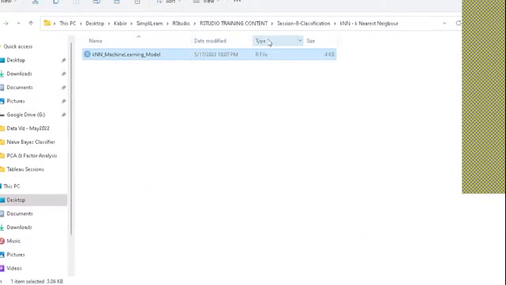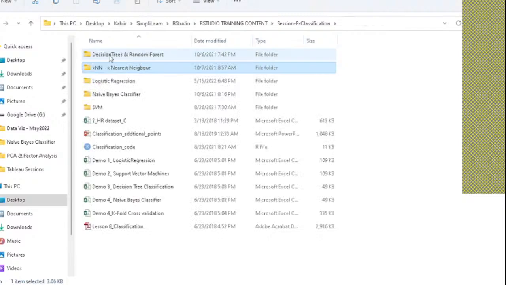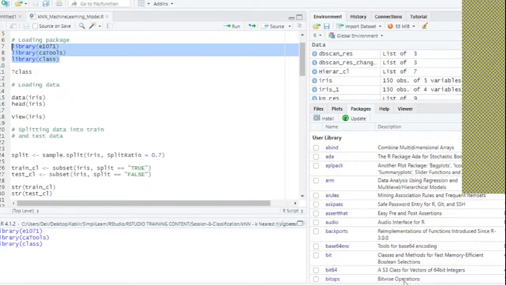Wherever you have these classification algorithms, you have k nearest neighbor. Anyway, you don't need this file for KNN, because you are writing the code. We are not using any external dataset, we are just using the Iris dataset.